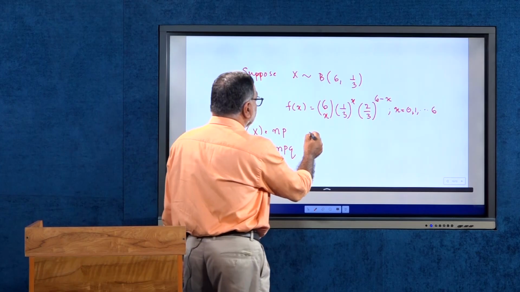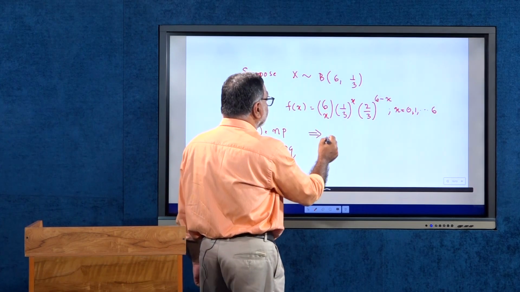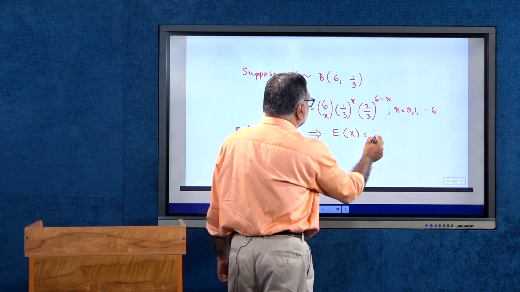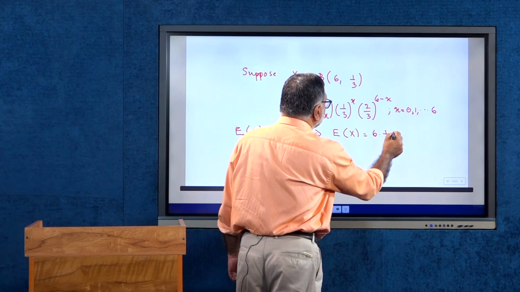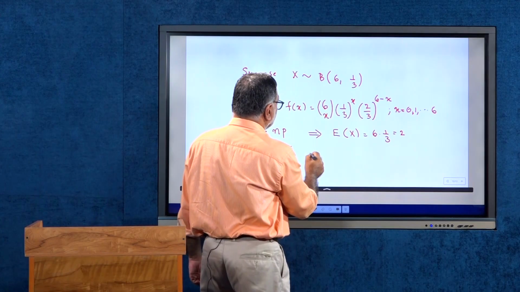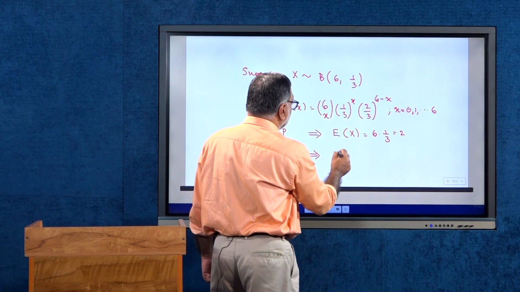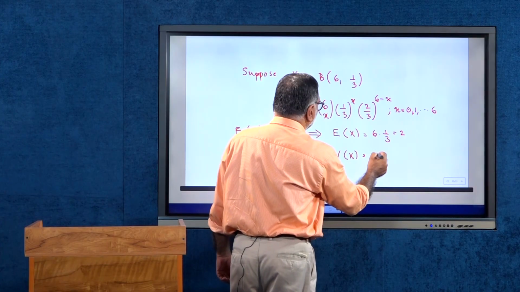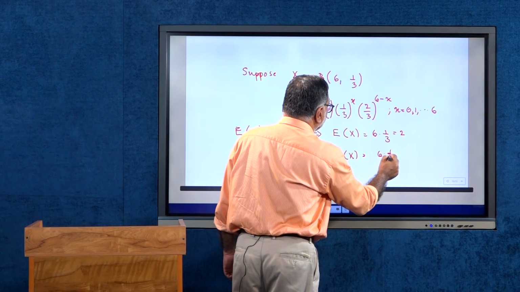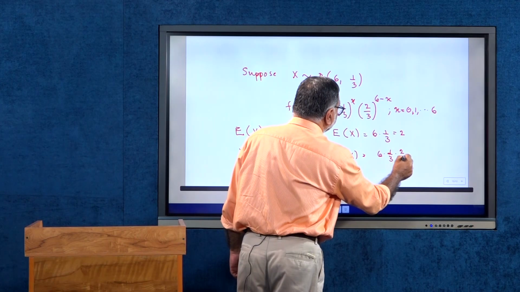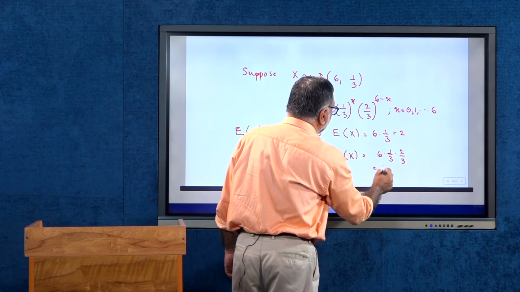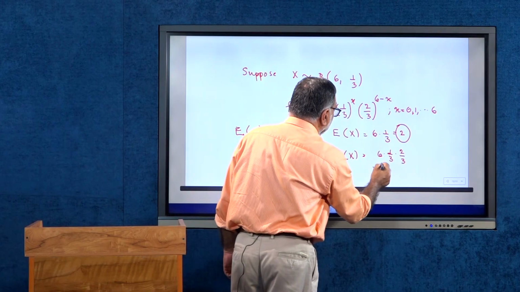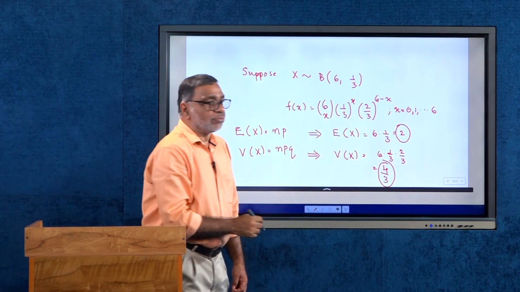Hence, expectation of x, the mean, is equal to 6 into 1 by 3, that is 2, and variance of x is equal to 6 into 1 by 3 into 2 by 3, that is 4 by 3. So, mean is equal to 2 and variance is equal to 4 by 3.